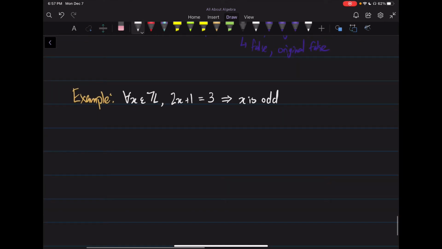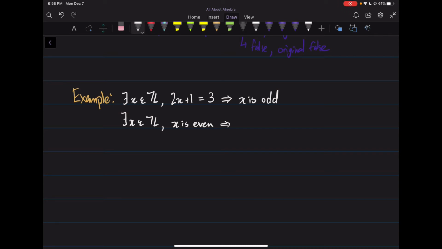Okay. Well, what would the contrapositive of this be? This would be x is even. I should make this that there exists some x. That'll just make the proof make more sense. So there exists an x where 2x plus 1 is equal to 3, and that implies that x is odd.